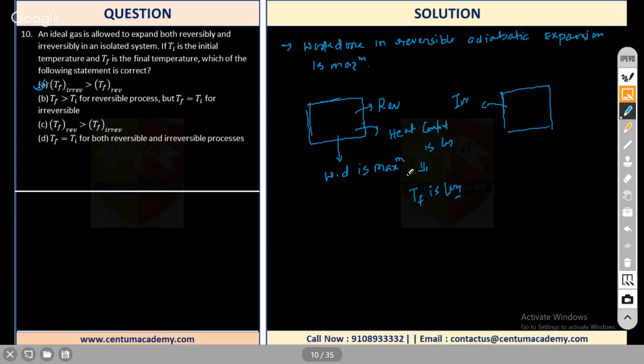System is doing work, right? When the system does more work, it means its energy will be less, and hence the temperature is also less. Correct? All of you understood? Can we move on?